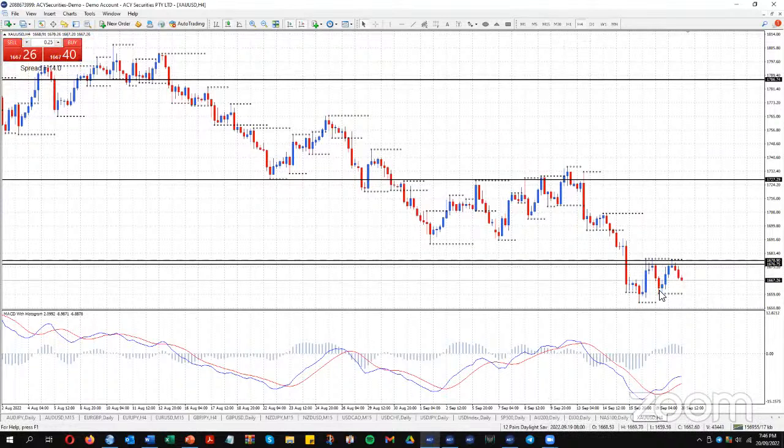I was thinking, because there was a potential inverse head and shoulders here, that this could still do it today, move up to this 127 area there, and put in an uptrend on the 4-hour, but resistance has held at the moment.